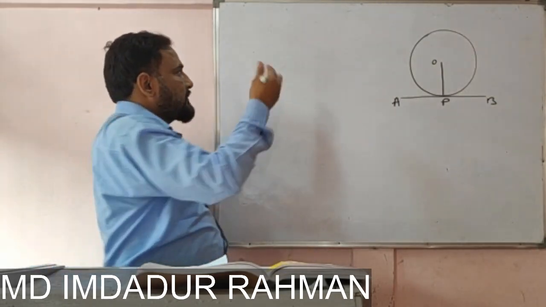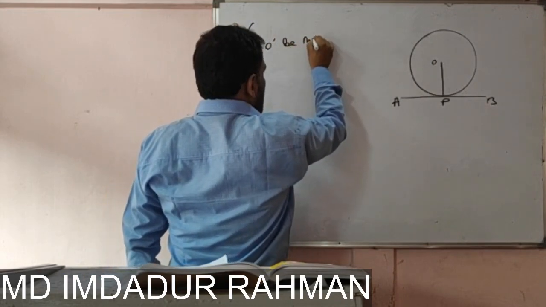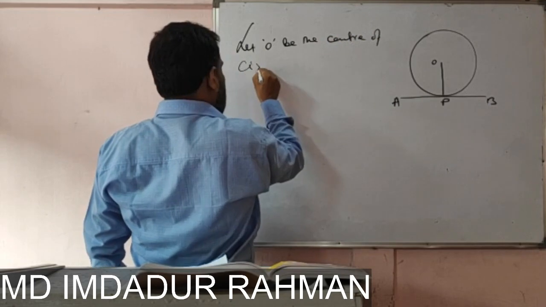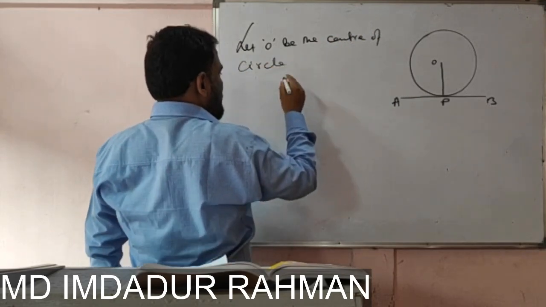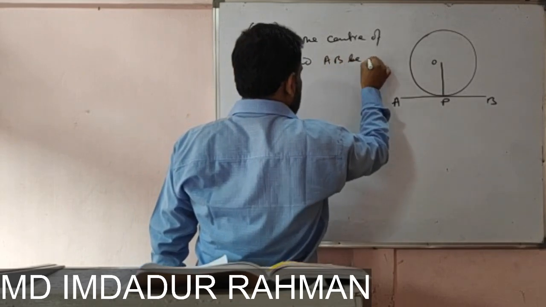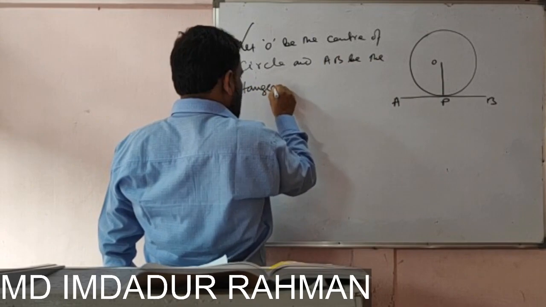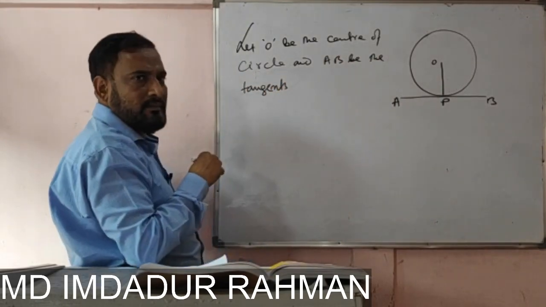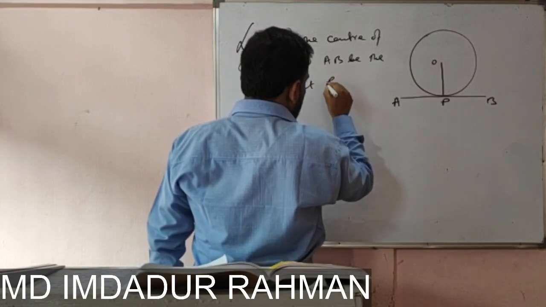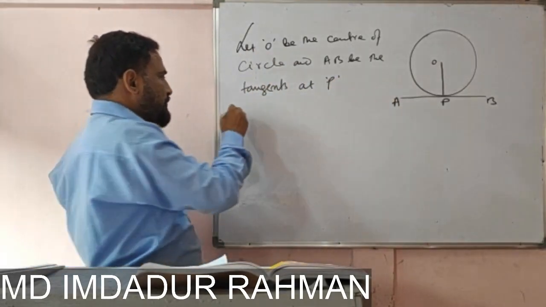So let's start. Let O be the center of the circle and AB be the tangent. At P, that is, P is the point of contact.